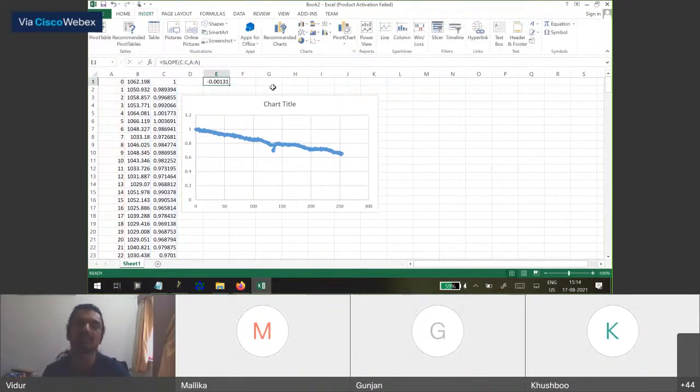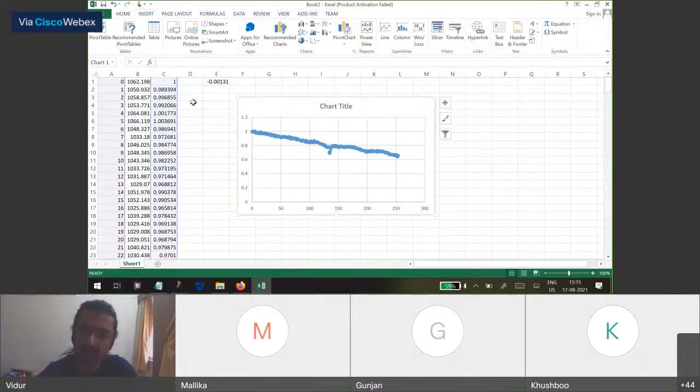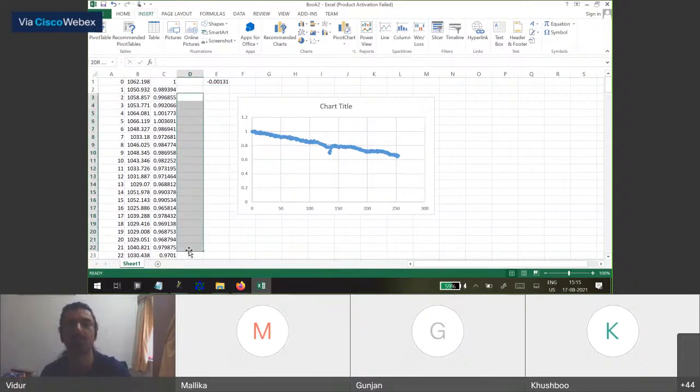So in this case, let's say it's minus 0.00131, which means that every one frame you are losing approximately 0.00131 intensity per unit intensity that you quantify. So as an example, on average, this frame intensity is this minus this. And you keep subtracting as you go lower. This is what it means.